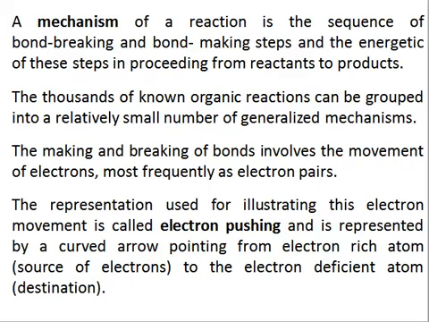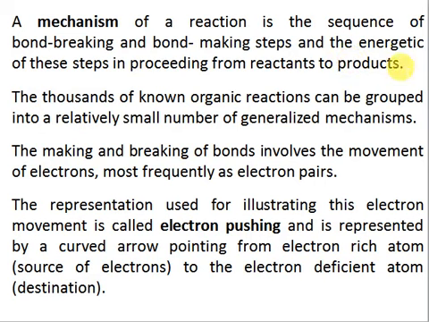The energy changes that take place when you convert the reactant into product are known as the energetics of those reactions, right? So the mechanism of a reaction is mainly concerned, number one, with the sequence of bond breaking and bond making, and secondly, with the energetics of each step when a reactant is being converted into product.